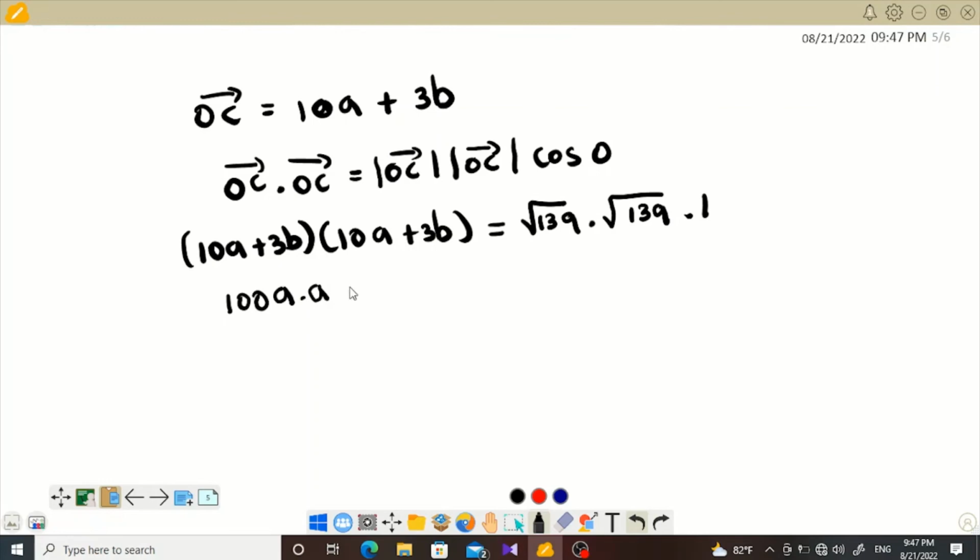Then 10a into 3b means 30 a dot b, and again 30 a dot b. Finally 9 b dot b. So square root 139 into square root 139, the square roots cancel. The value is 139.